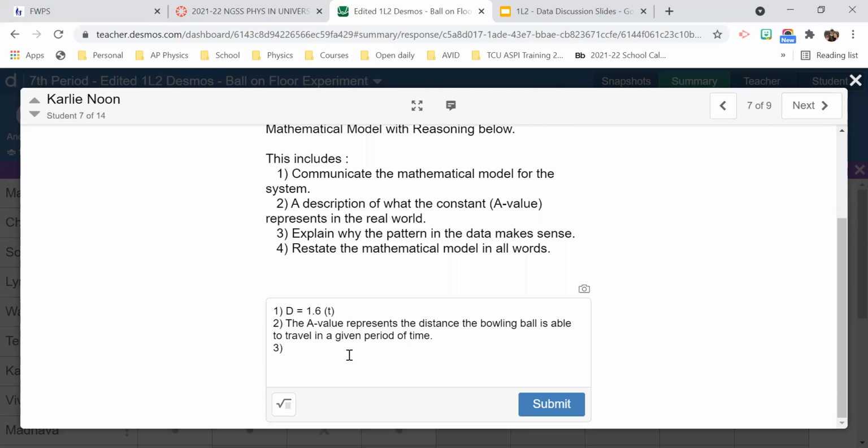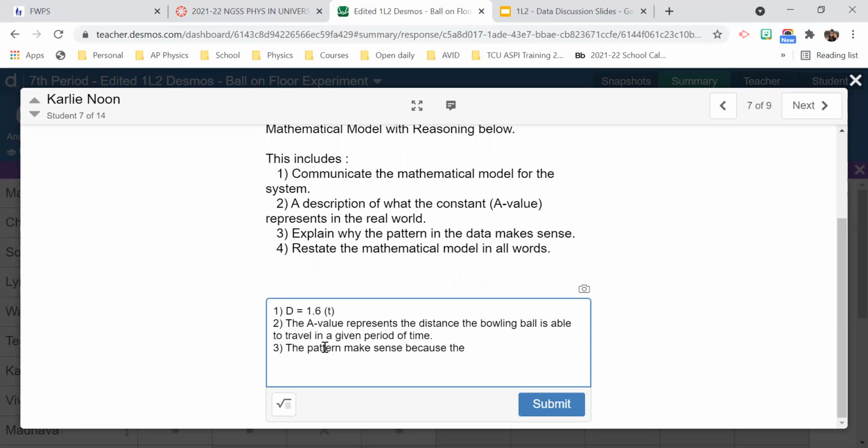So explain why the pattern in the data makes sense. The pattern makes sense because once the object is off the ramp, there's nothing else giving it additional speed. So the ramp was there purely to accelerate the object, but once it was on the ground, there is nothing accelerating it.